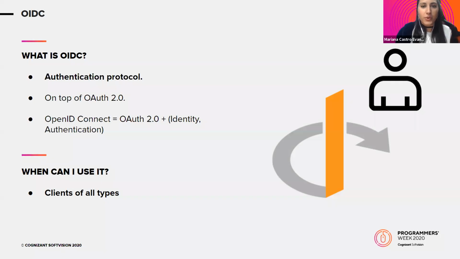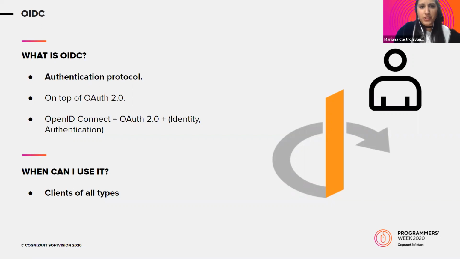So it's not going to change anything already defined by OAuth, but it's just going to add another layer so that we can manage authentication. Basically, OpenID Connect is OAuth 2.0 plus an identity and an authentication layer. So it's going to make our authorization server also an identity provider. And the good thing about OpenID Connect is that we can use it for all client types.